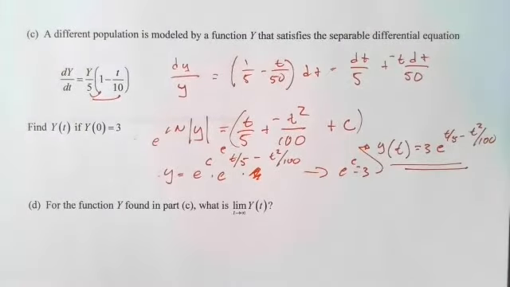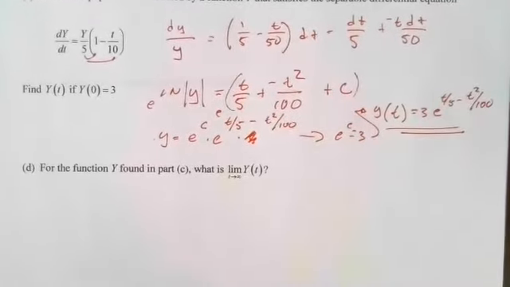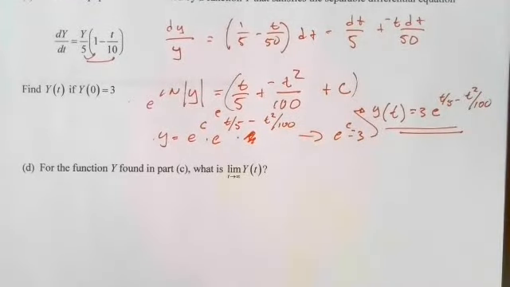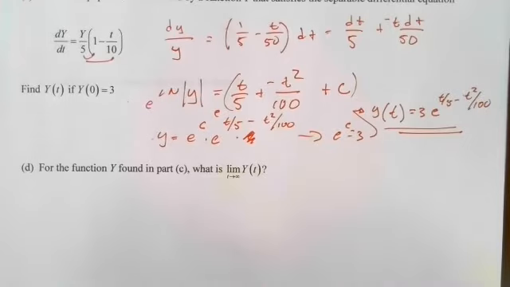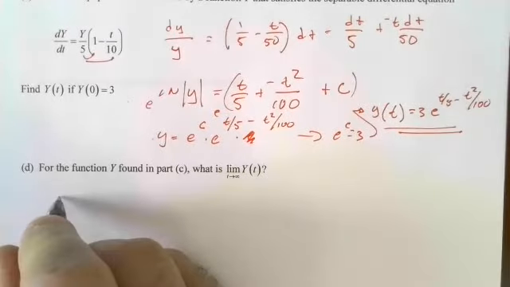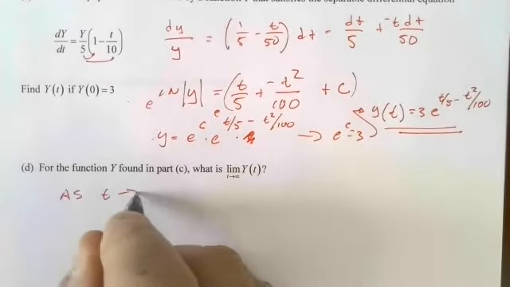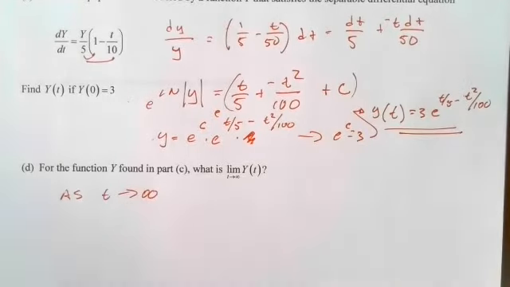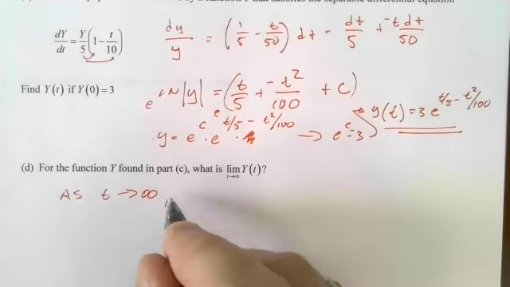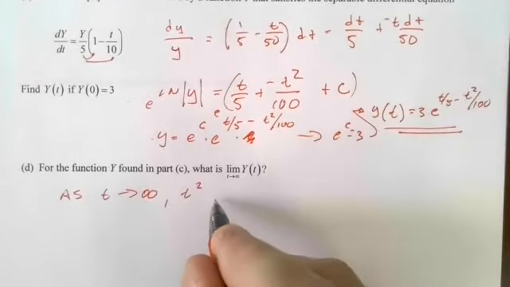They'd all be correct. For the function, part C, what's the limit of y of t? So look at this as t goes to infinity. T squared also approaches infinity.